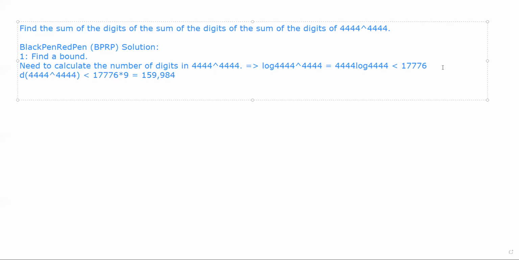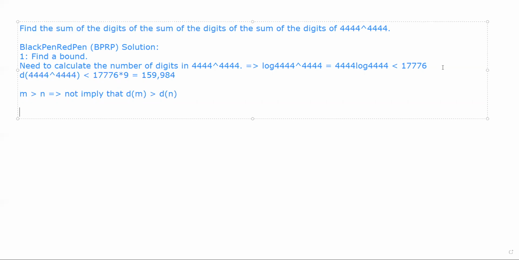However, Black Pen Red Pen said something that is true and perfectly logical to understand: if a number m is greater than a number n, this does not imply that the digit sum of m is greater than the digit sum of n. And this will be important later on.